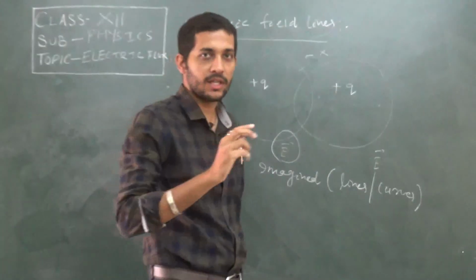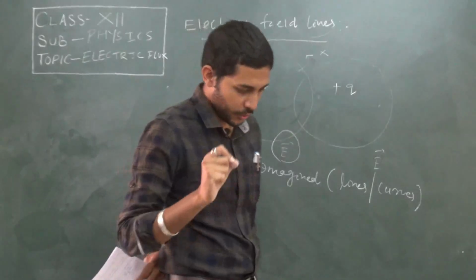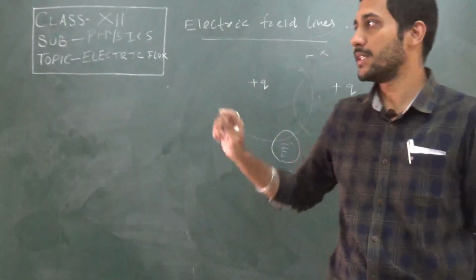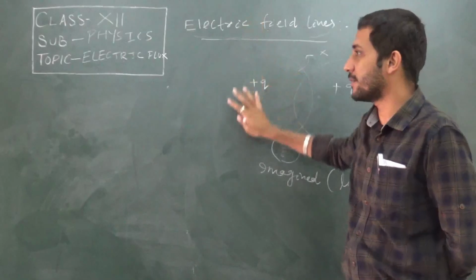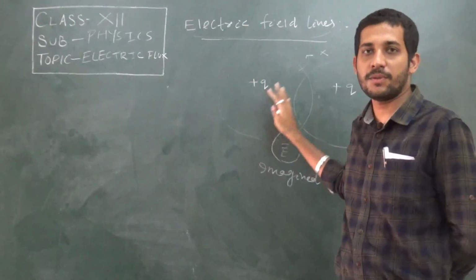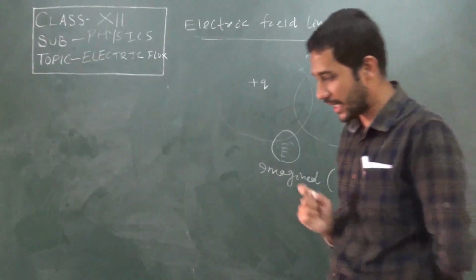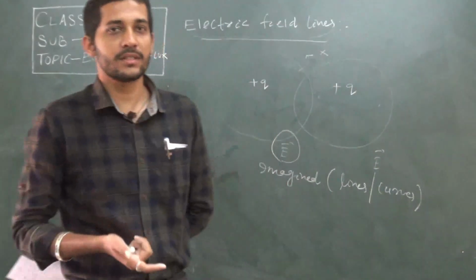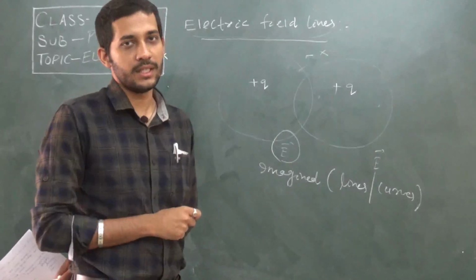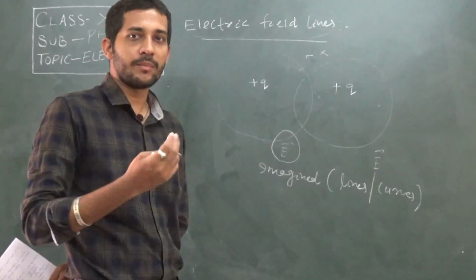So this is a particular imaginary concept. There is no proper presence of these lines anywhere, but for the clarity of the concept, for the theory to be satisfied, we took that there must be some imaginary line or curve which helps us describe the electric field around two charges. So there are different cases.